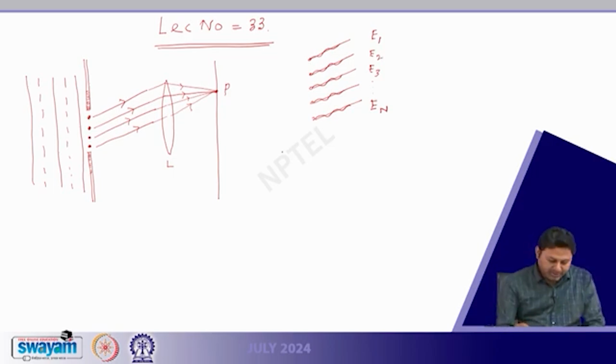In general, Ej was E0 amplitude, e to the power of i(k rj minus omega t).